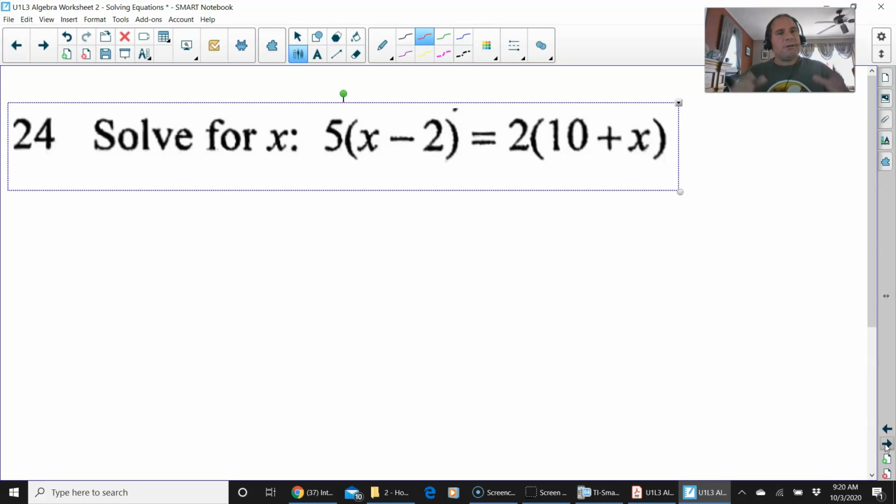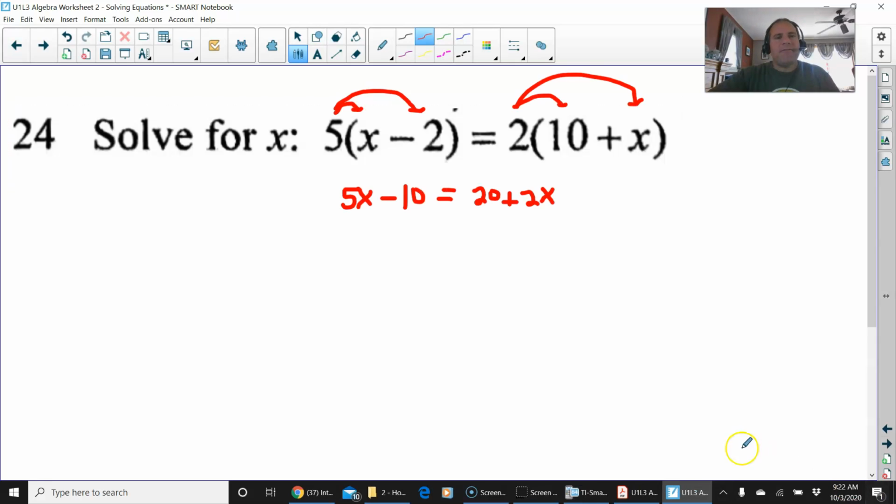Number 24, again, a distributive property on both sides. So go ahead, do your loops, and bring down every bit of your answer so you can actually start to solve it. Okay, so we have 5 times x is 5x, 5 times negative 2 is negative 10, 2 times 10 is 20, 2 times x is 2x.